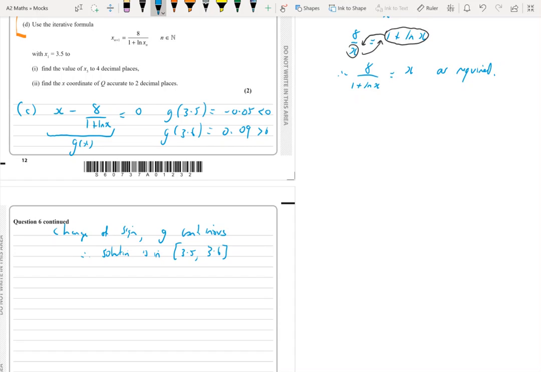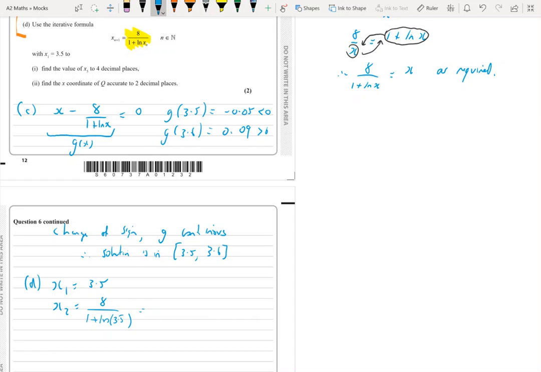Okay. Part D now sets us up with iteration. We've got an initial value x1, which is 3.5. To work out x2, we substitute 3.5 into that iteration formula. Let's highlight that at the top of the screen. We're substituting 3.5 into there, so we're doing 8 over 1 plus ln 3.5.